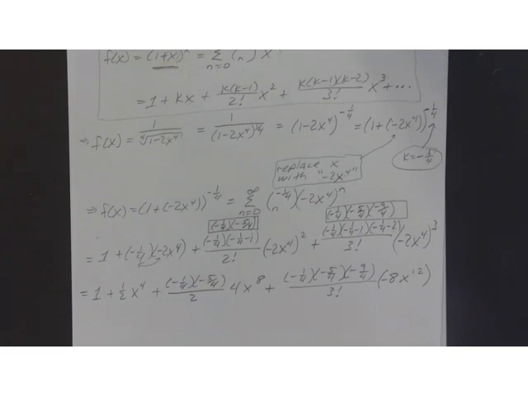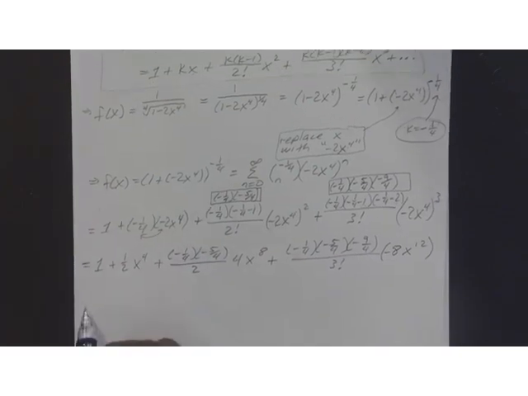So if we simplify each term a little bit more, we have 1 plus 1/2 x to the 4th power. And this 4 can actually cancel out with that 4. So we wrote this as negative 1/4 times negative 5 over 4 times 1/2, then this 4 could cancel out with either one of those 4s.